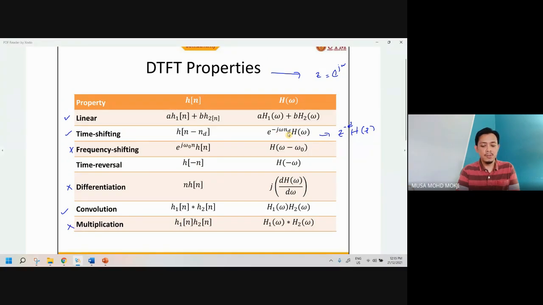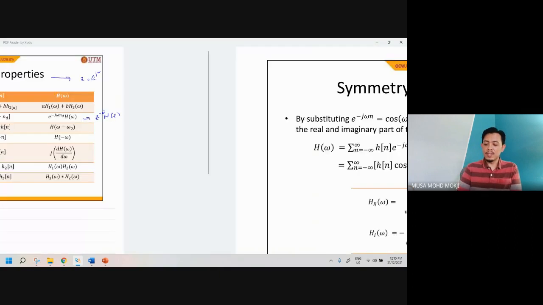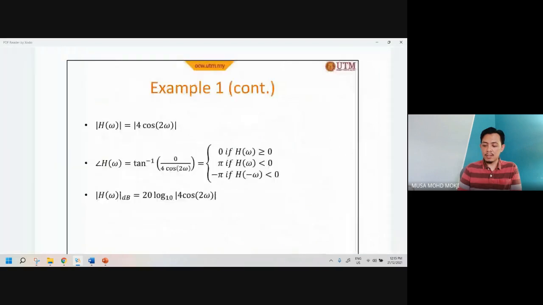So you don't have to solve everything from scratch. You just use the simplified formula for the symmetry signal, and then multiply it by e to the minus j omega nd. What is nd? It is how many samples the signal is being delayed. Okay, so let's go to that example.